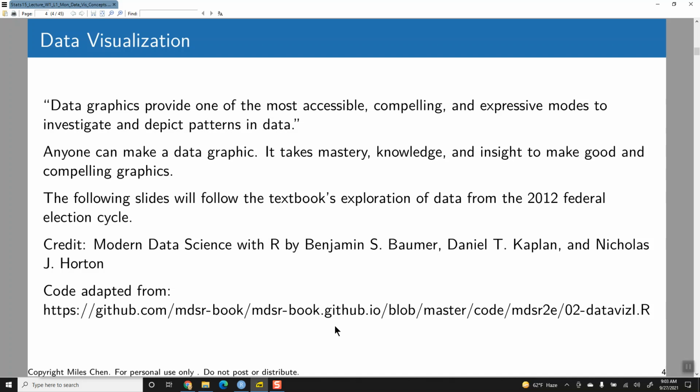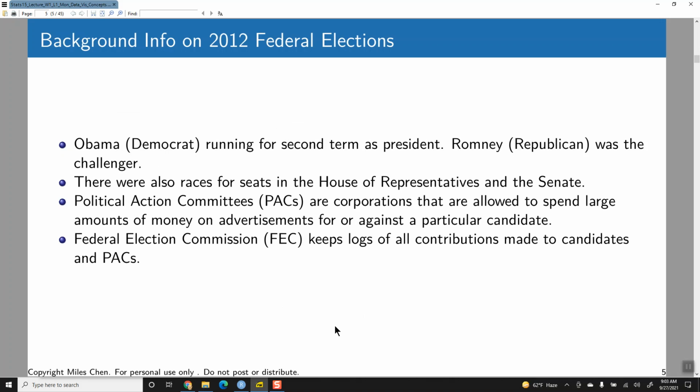So anyway, we're going to follow the exploration of data from the 2012 federal election cycle. I guess it's almost 10 years ago now, and you guys were probably like 9 when this was going on? I don't know how old you were. Think back to when you were in 4th grade or something, and there was a presidential election.